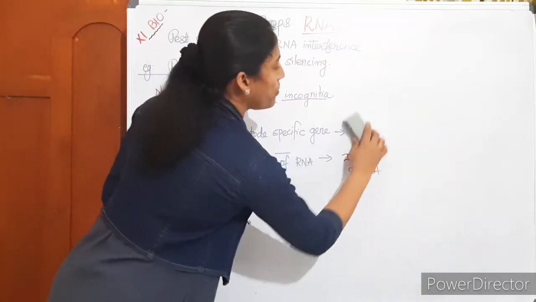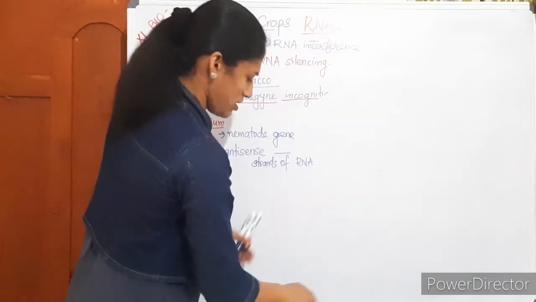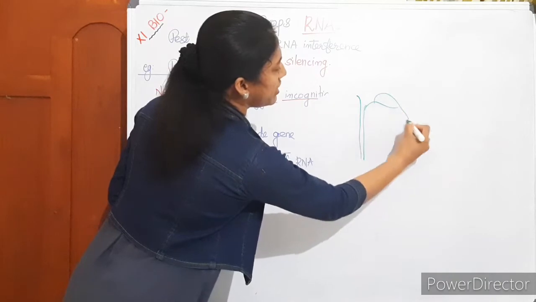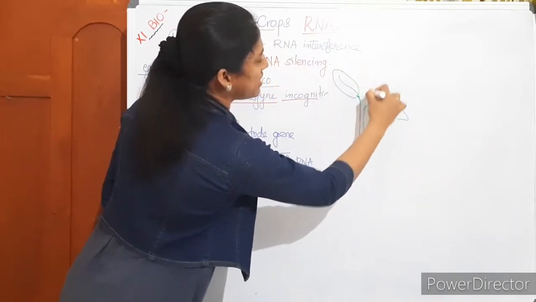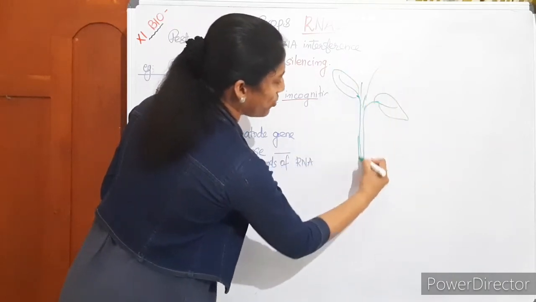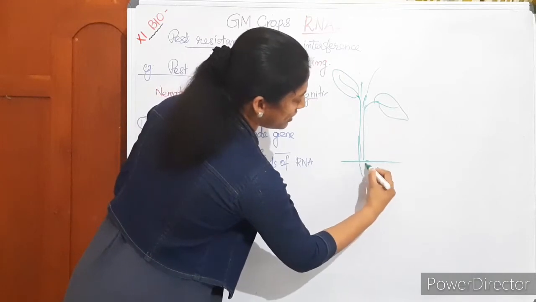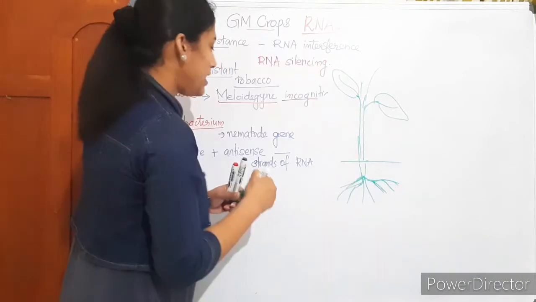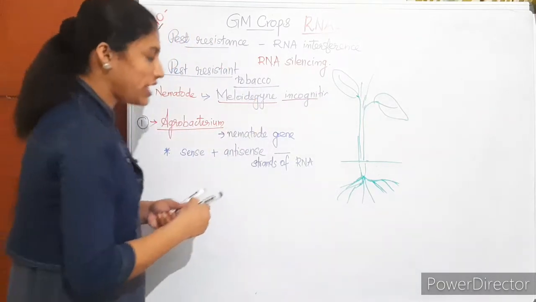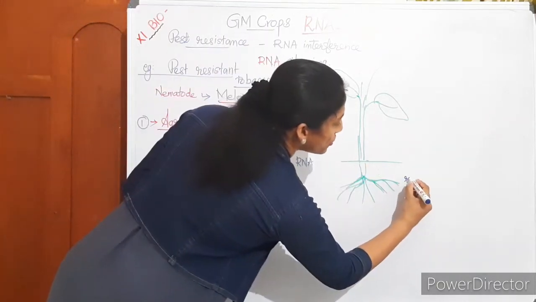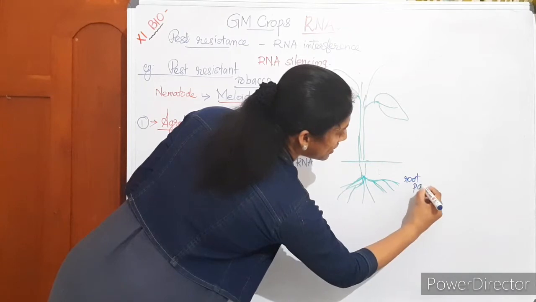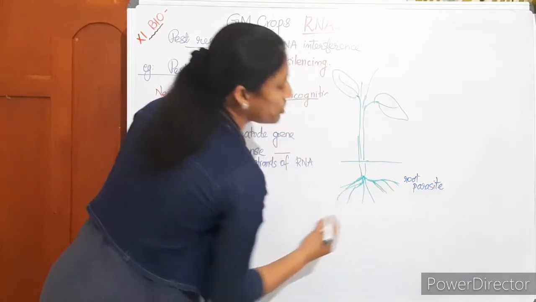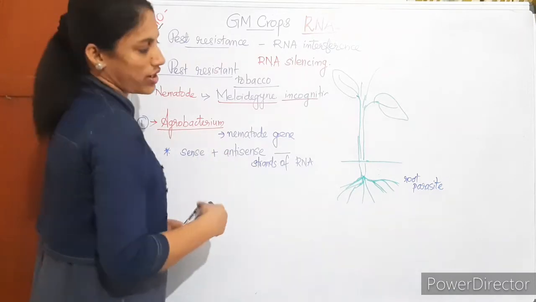Suppose such a tobacco plant. Just a small diagram. This is a leaf. Just think, suppose this is a tobacco plant, and this is its root system. And this nematode, Meloidogyne incognita, is a root parasite. It is the one which inhabits the soil and enters the root through the soil.